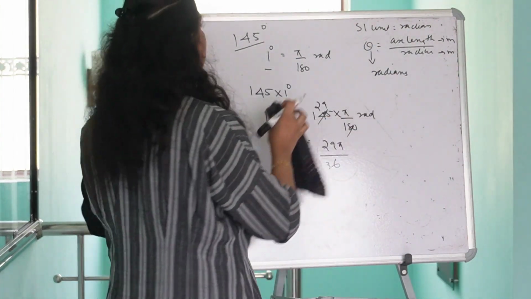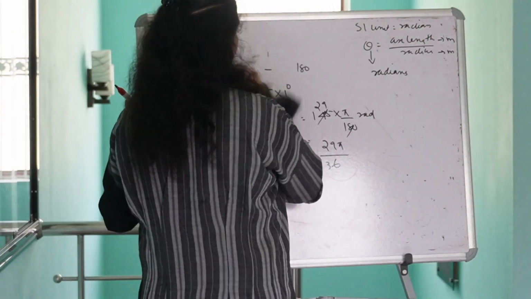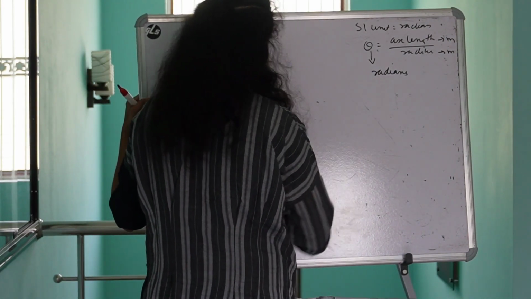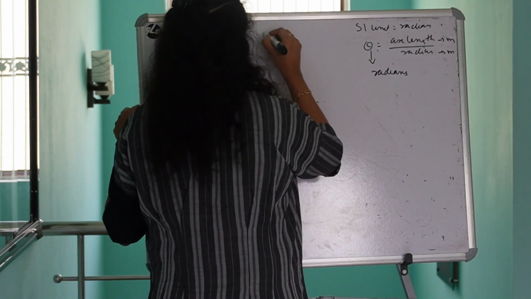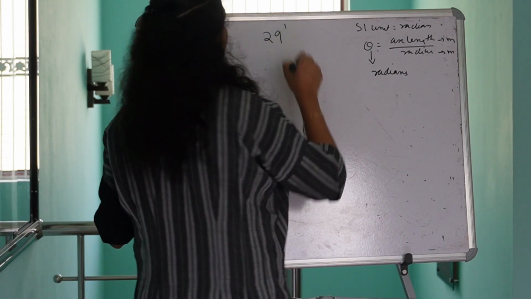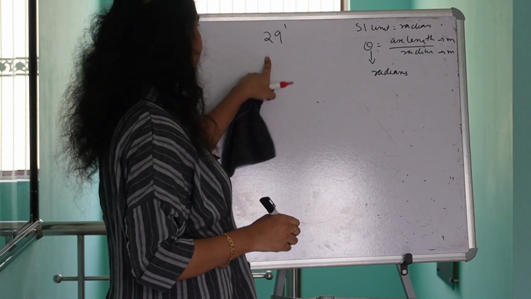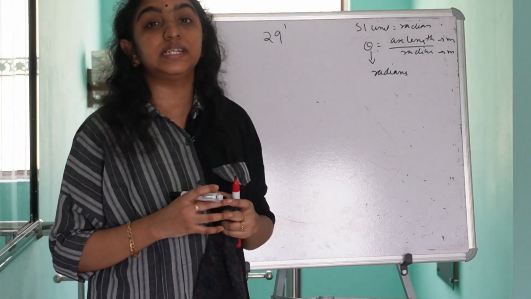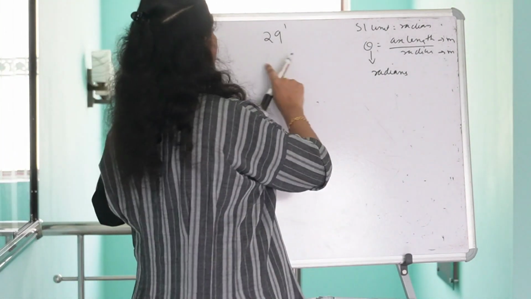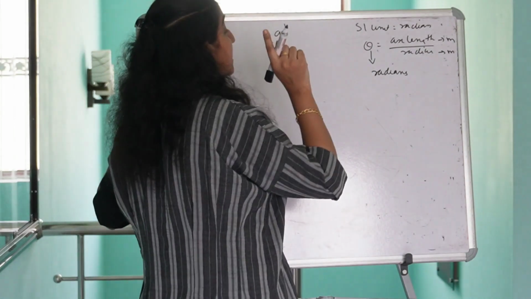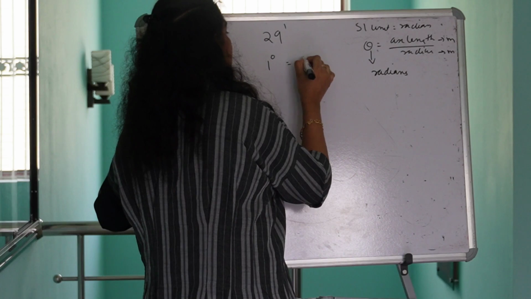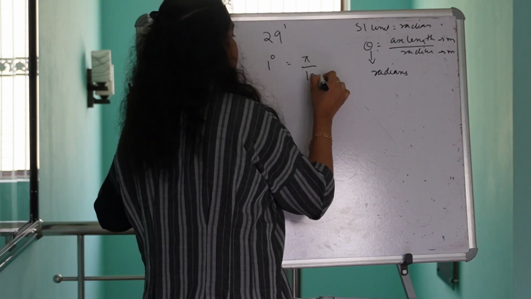Now suppose the value is given in minutes, say for example 29 minutes, written as 29 with a single quote. I have to find the value in radian. We know 1 degree is equal to pi by 180 radian.